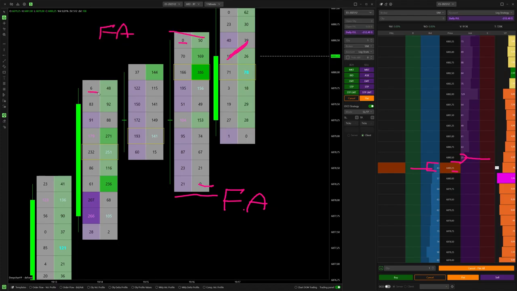When we see a number here instead of the 0, or a number here instead of the 0, like here as well, we call it an unfinished auction. Okay, and we typically expect those levels to be taken out. But whether they are taken out or the statistical advantage of it, I'm not going to give you any guarantee on that. But this is something that a lot of order flow traders are actually looking at.